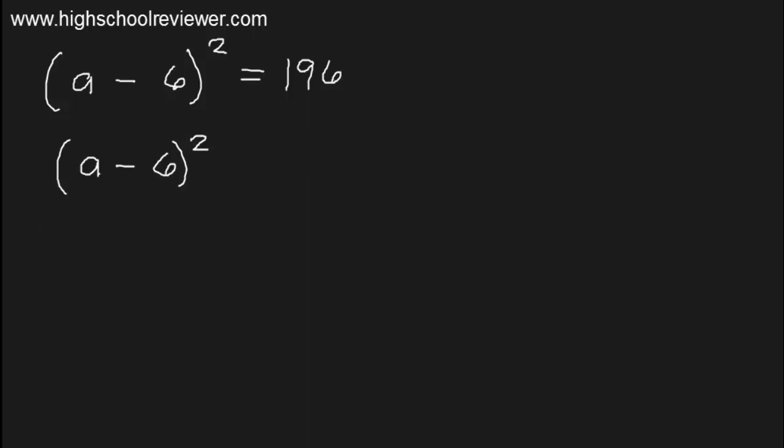And then we are going to raise this to exponent 1 over 2. So same on the right side of the equation, we will have 196, and we are going to raise this to the power of 1 over 2.